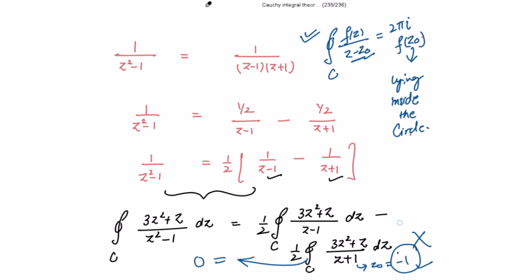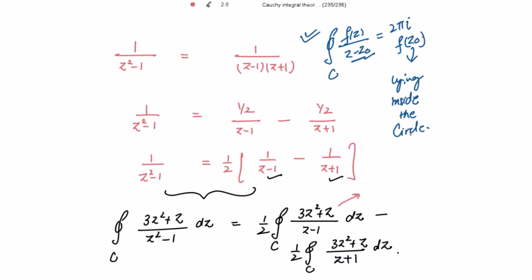So let's apply Cauchy's integral formula now. By Cauchy's integral formula, the given integral is equal to, for this integral we have the formula 2πi f(z₀), where z₀ is 1.